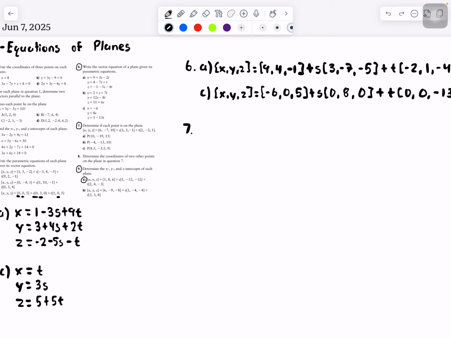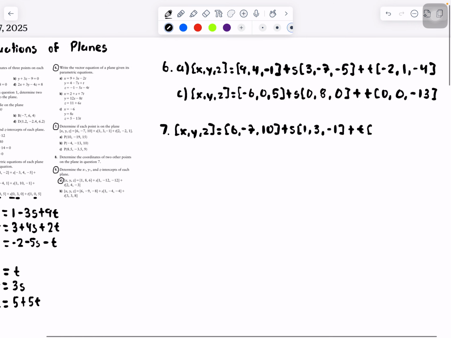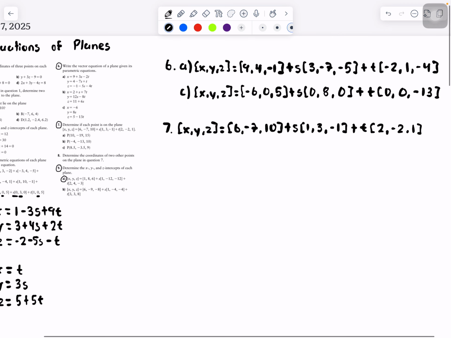First, before I proceed, I'm going to take my vector equation, x, y, z equals 6, -7, 10, plus s times 1, 3, -1, plus t times 2, -2, 1. And I'm going to write the corresponding parametric equations.